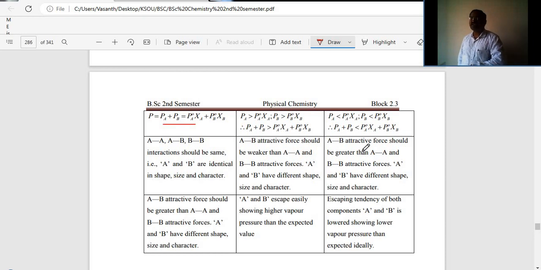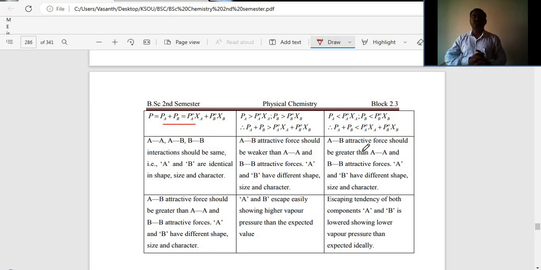In ideal solutions, the interactions between components AA, BB and AB are the same. In positive deviation, the AB attractive force is weaker than AA and BB, and A and B have different shape, size and character.